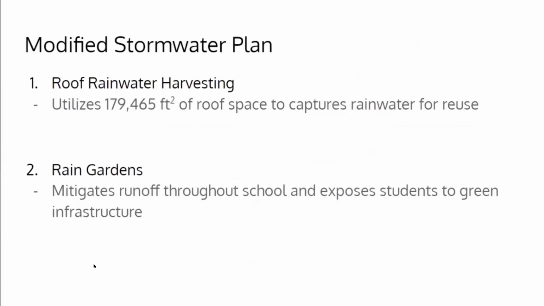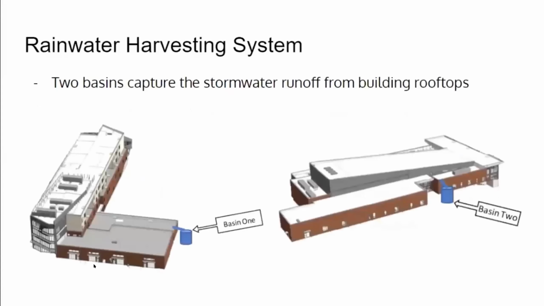This consists of 2 different parts: using the roof to capture rainwater for reuse, and creating rain gardens to both reduce the amount of runoff and incorporate green infrastructure. Sherwood High School has a lot of roof space, nearly 180,000 square feet.